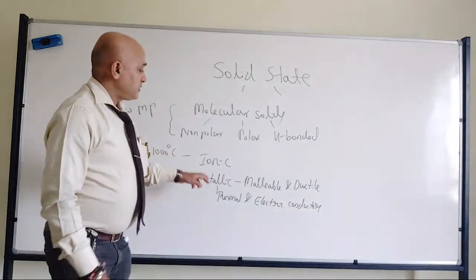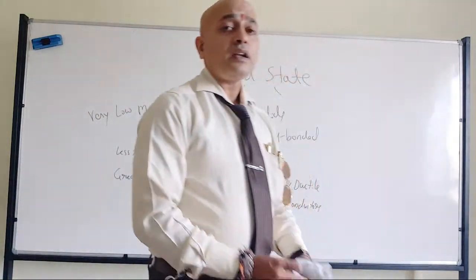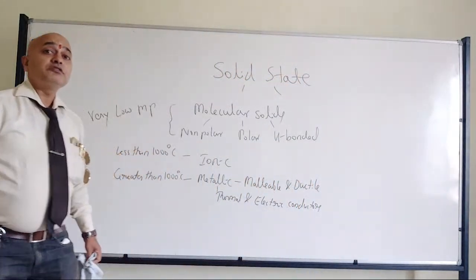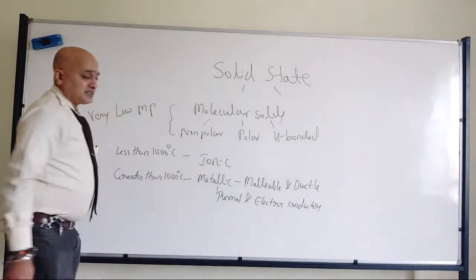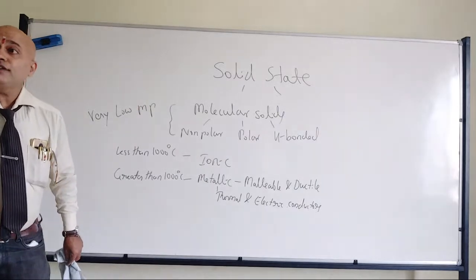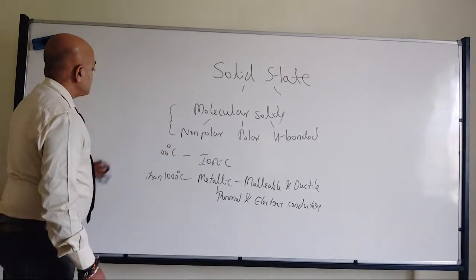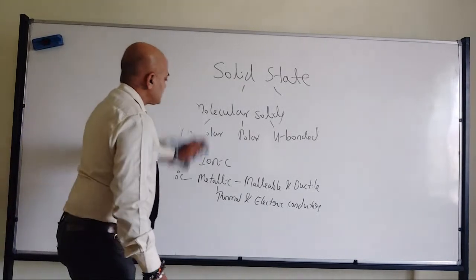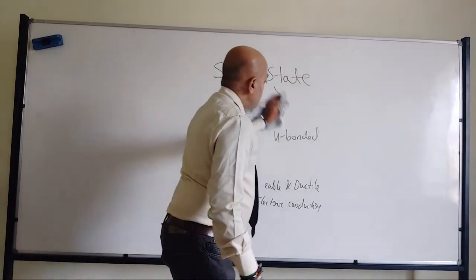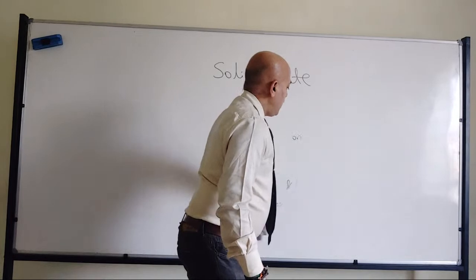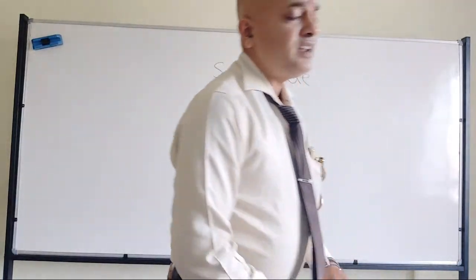But when an ionic solid gets melted or is in fused form, definitely it is a very good conductor of electricity due to the availability of free ions, only in melted or fused condition. A crystal, however, is a non-conductor of electricity due to the non-availability of free ions.